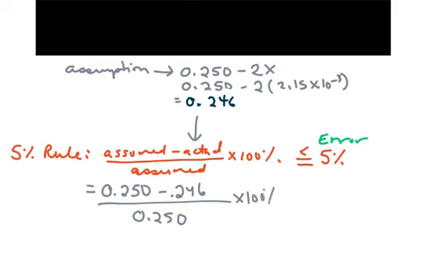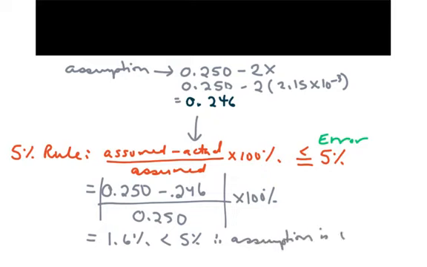And we usually consider this to be an absolute value because it doesn't really matter if you're higher than or less than the actual answer. We just have to make sure there's no more than 5% error. So when I do this calculation, I get 1.6%, which is less than 5%. Therefore, the assumption, we say, is valid, meaning what we did was good.